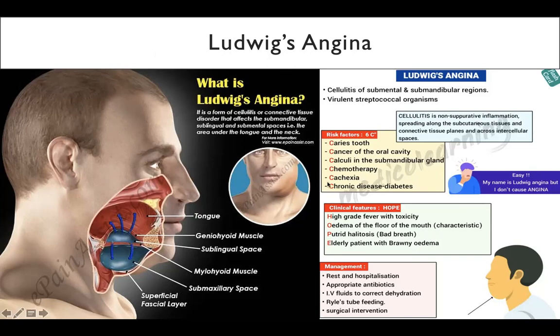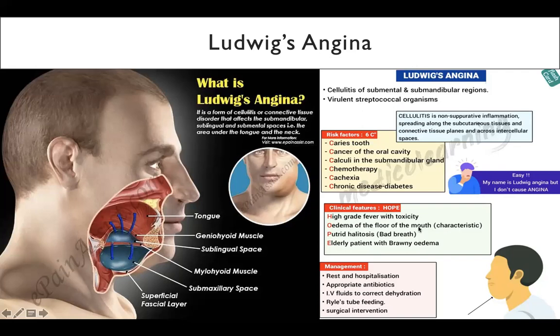Okay, good. So now we go for the clinical features. This was a good example, because for risk factors we have 6C, and clinical features are HOPE. H is for high grade fever with toxicity. Edema of the floor of the mouth is a characteristic or hallmark of Ludwig's angina.